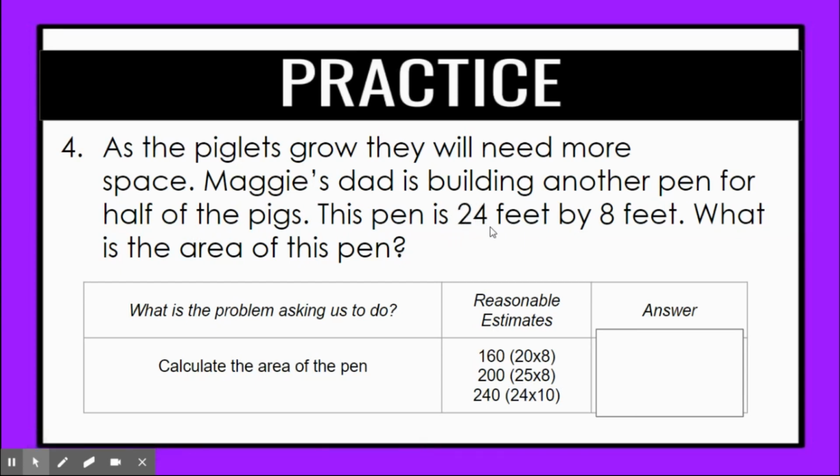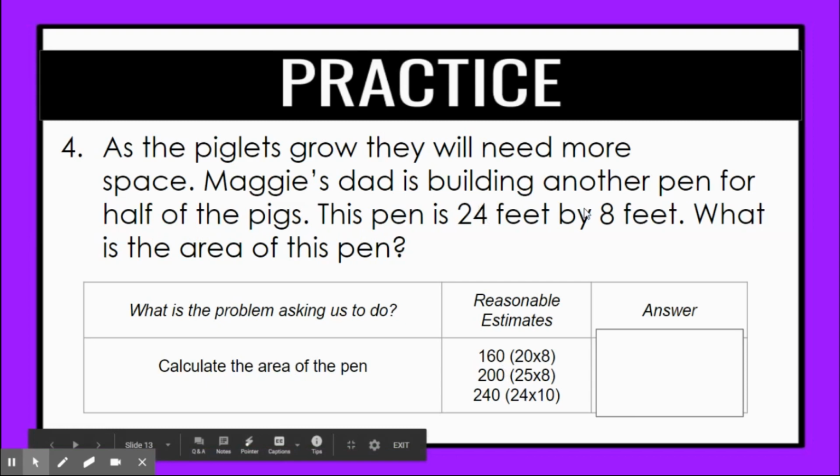If we multiply 25 by 8, 4 quarters gives you $1, so this would be $2, so that's 200. That would also be a good estimate. You could have also looked at this as being just 24 by 10, and that would give you 240.